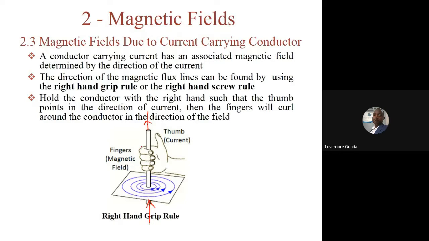Then the fingers will curl around the conductor in the direction of the field, right? That is the right-hand grip rule. So the right-hand rule is used for a solenoid and also for a current carrying conductor.